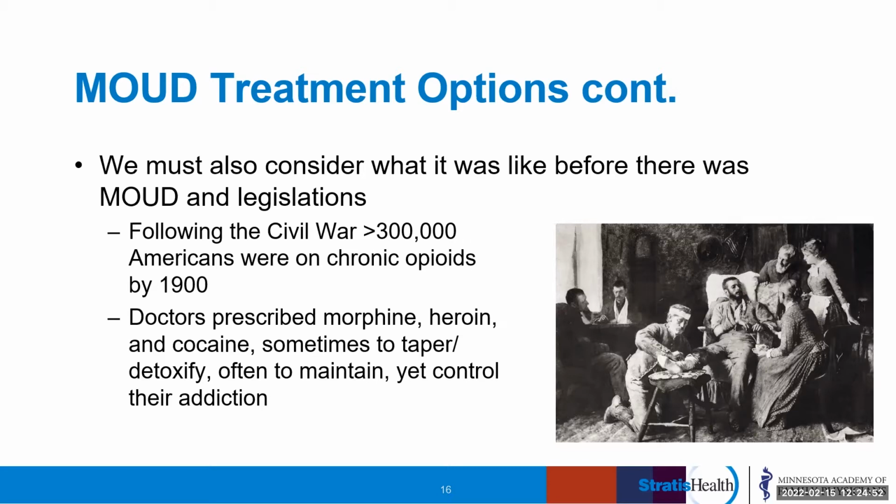And it was not uncommon at that time for doctors to prescribe morphine, heroin, and even cocaine, sometimes to try and taper these patients or detoxify them. And often they were doing maintenance therapy to keep these people on their medications. That was considered normal operating procedure back then.